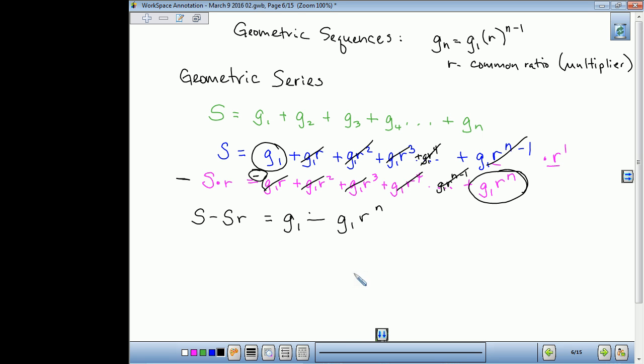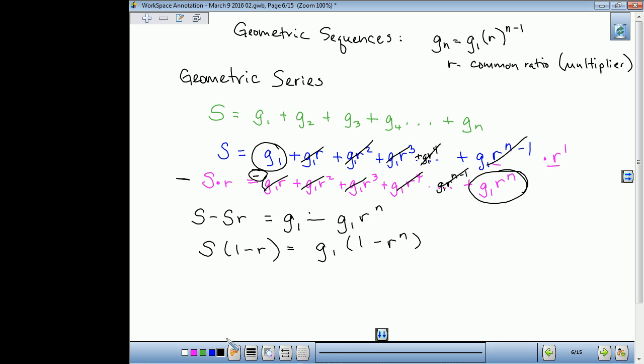Okay, I'm not done. The math magic is not over. Does the left side have a common factor? Yes, s. And it leaves me 1 minus r. Does the right side have a common factor? Yeah, it's g sub 1. And that leaves me 1 minus r to the n.